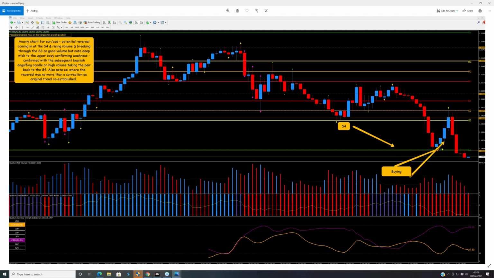The question to ask is, when you see the trading opportunities coming up based on reversals, is this actually going to be a longer term reversal, or is it just going to be a pullback and correction? Now, this is the hourly chart, and if you as a trader are on the faster time frames, is this going to be enough for you?